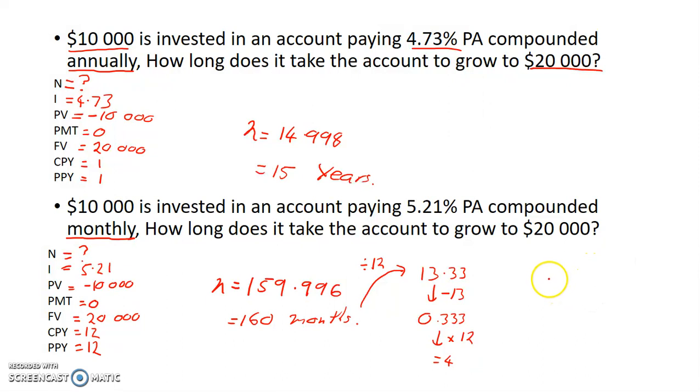So my final answer I would write out as 13 years, 4 months. Good idea to make it stand out, highlight it, circle it, do something. Your examiners will look for the answer and not necessarily look at everything else if it's right.